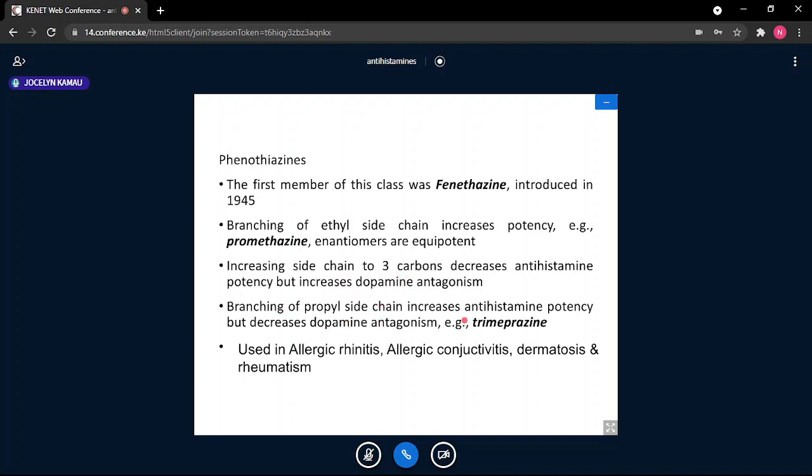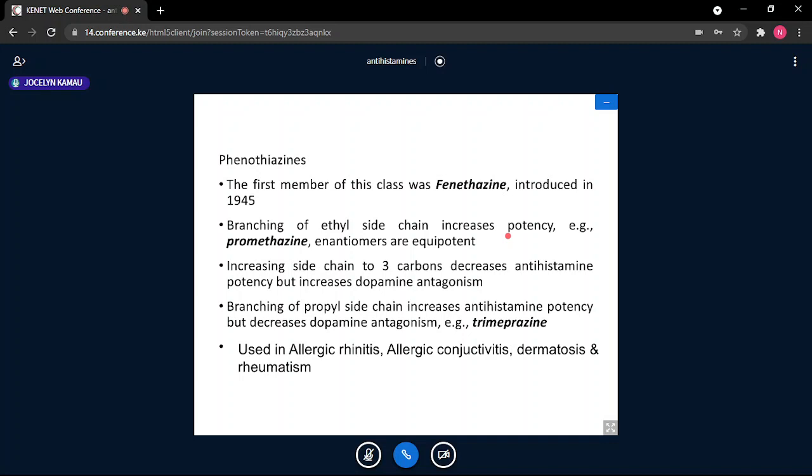Branching of the propyl side chain increases antihistamine potency, but decreases dopamine antagonism. And that is why trimeprazine, yes, has 3 carbon atoms, which decreases antihistamine activity, but beta branching decreases dopamine activity and increases antihistamine activity.